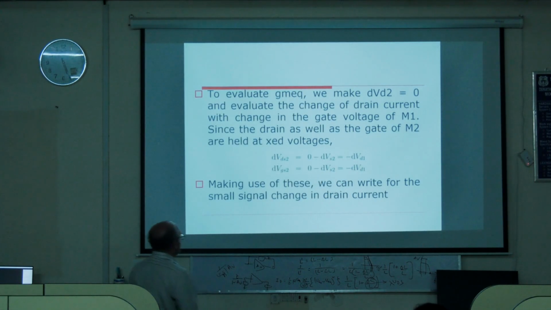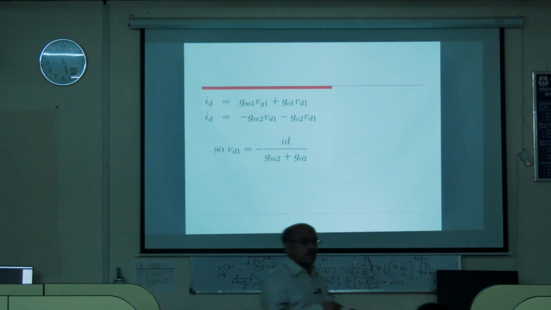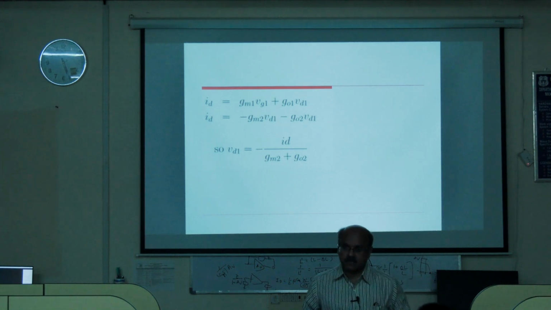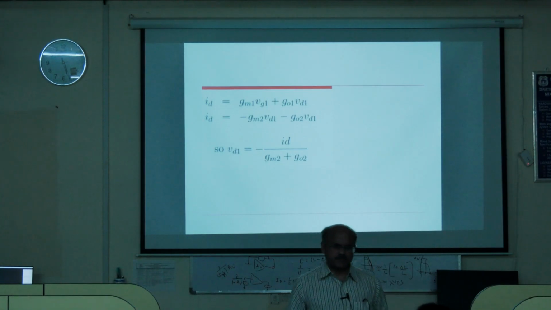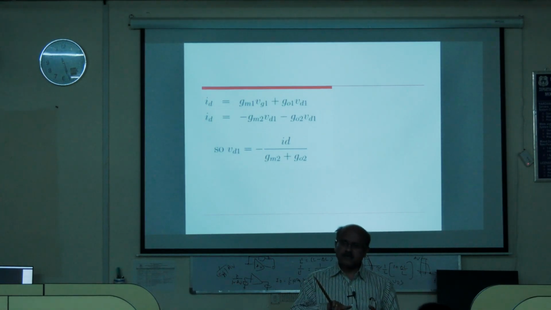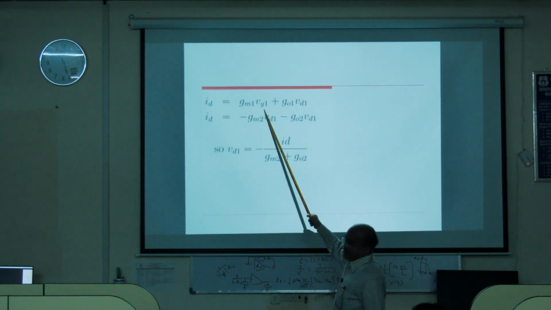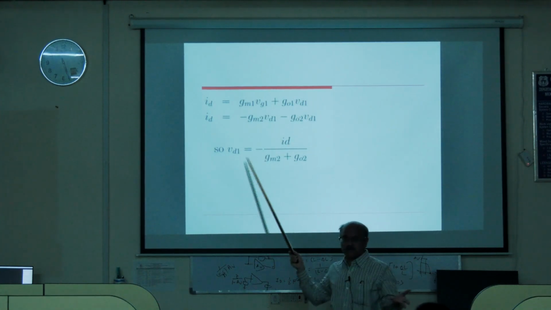So, let us say to move ahead, we will make use of this and substitute here. Now what I will do is go back and write the current equation for both the transistors separately. Transistor M1 I'll consider. For any transistor, current is a function of gate voltage and drain voltage. So, ID is equal to Gm1 Vg1 plus G01 Vd1 for M1.